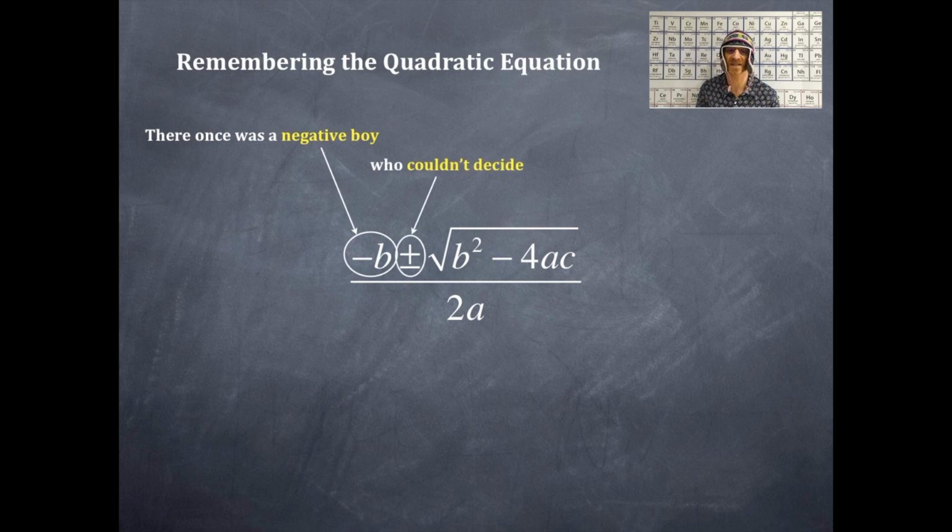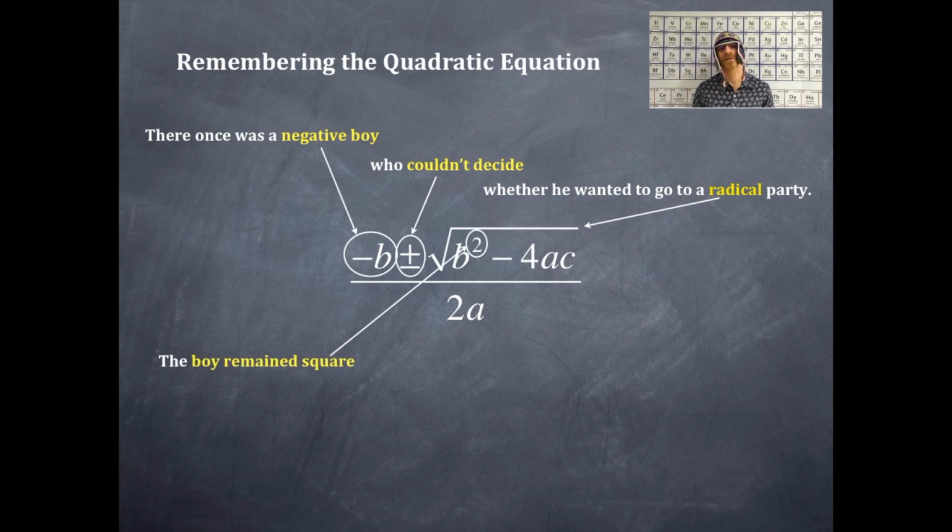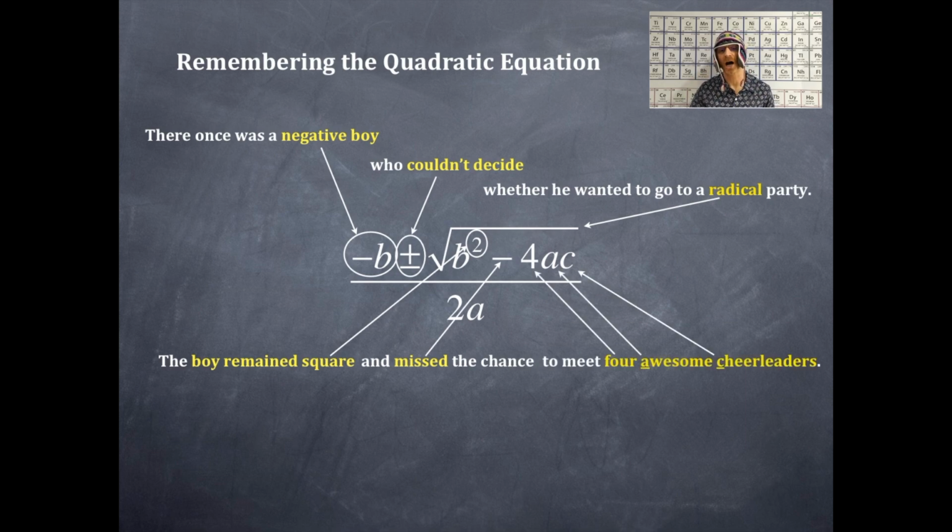Who couldn't decide, that's why it's plus or minus, whether he wanted to go to a radical party. Woo! Okay, the boy remained square, too bad for him, and missed the chance to meet 4 awesome cheerleaders. The party got over at 2 a.m. So that's the way to remember the quadratic equation.